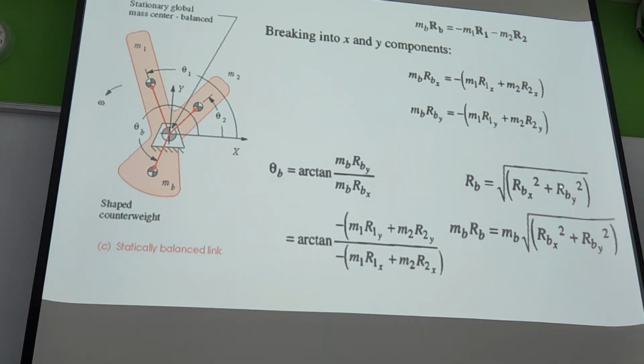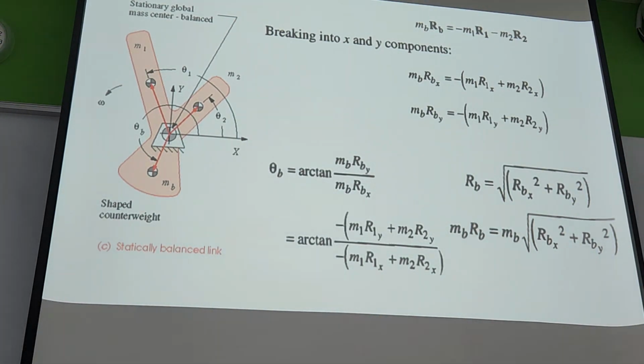You can write it as the square root of rbx square plus rby square. Then the orientation theta b, so this is the angle. You can write tan inverse of the y component of mb rb y over the x component mb rb x. So you can calculate theta b and also you can calculate mb rb.